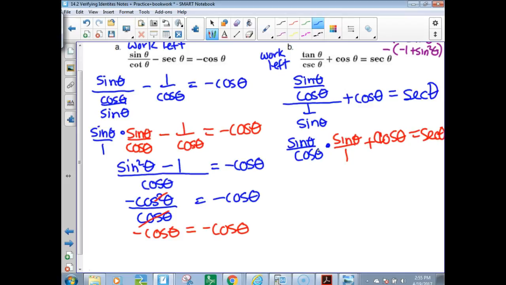Okay, now when I multiply this, I'm going to get the sine squared theta over cosine theta plus, now guys, I'm going to think of this one as cosine theta over 1. I'll need a common denominator, and the common denominator is going to be cosine theta. I'll have to multiply top and bottom by the cosine of theta, so this is going to be cosine squared on top.